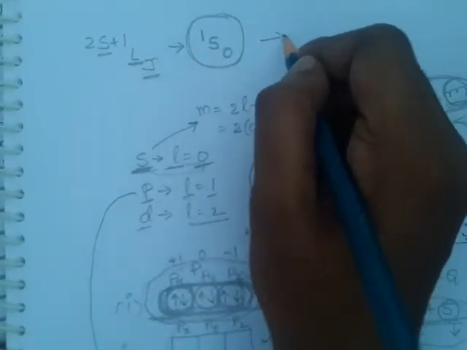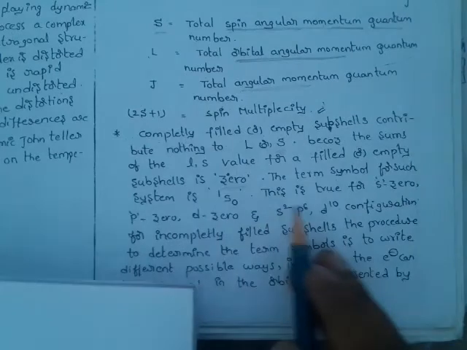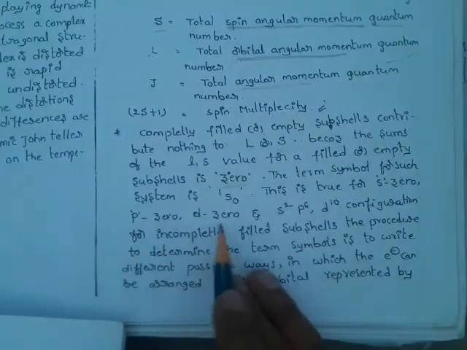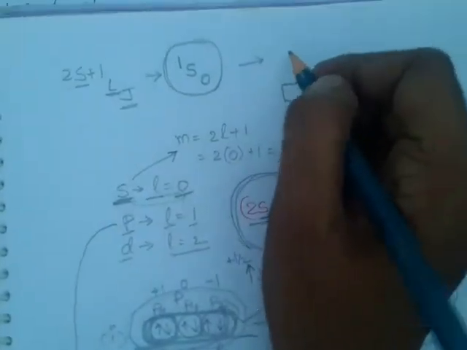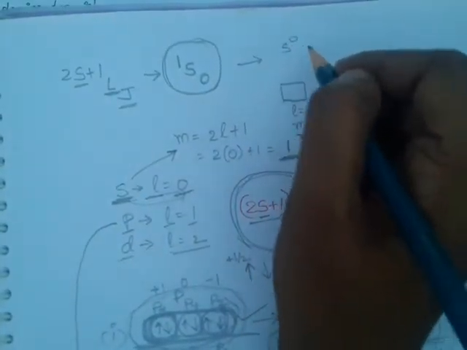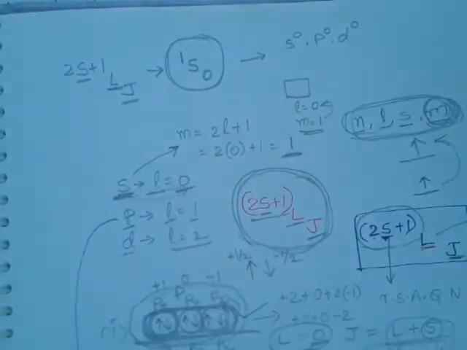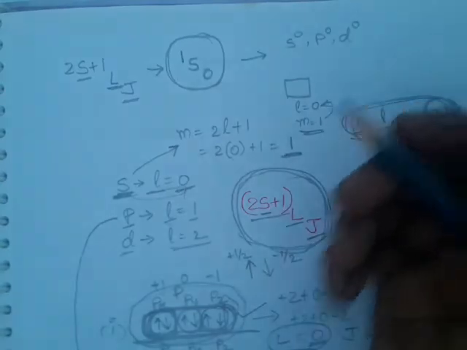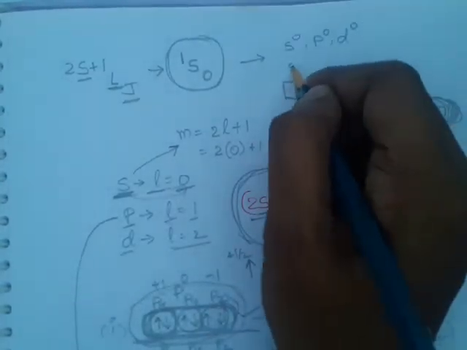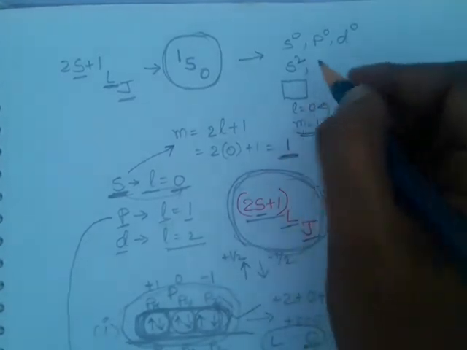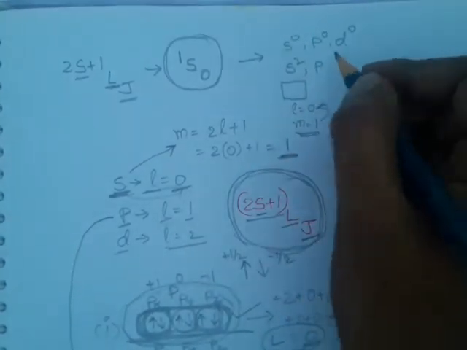For s0, p0, d0 electronic configurations, completely filled means in the s orbital 2 electrons are there.